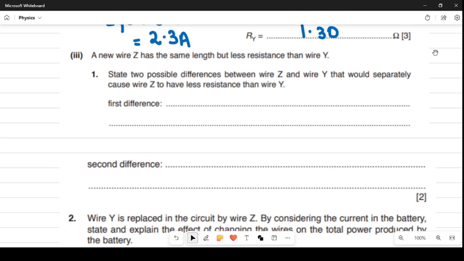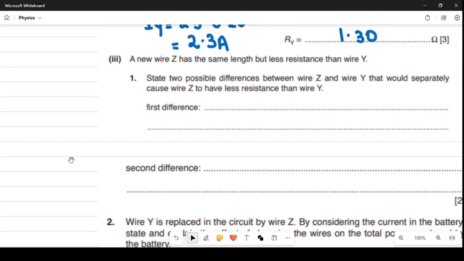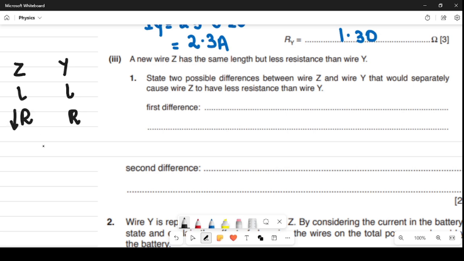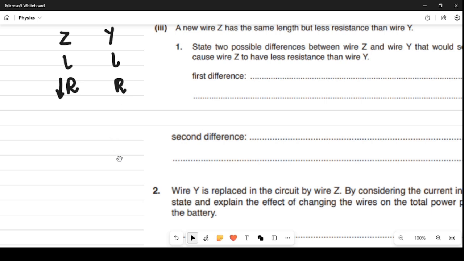A new wire Z has the same length but less resistance than wire Y. So what this tells you is that we have Z and you have Y. This is a new wire. Z has the same length, so both have the same length, but Z has less resistance than wire Y. So if this is R, Z will have lower resistance than R. State two possible differences between wire Z and wire Y that would separately cause wire Z to have less resistance than wire Y. Now we have to look for a formula that relates length, resistance, and some other quantities with which we can create a proportion.